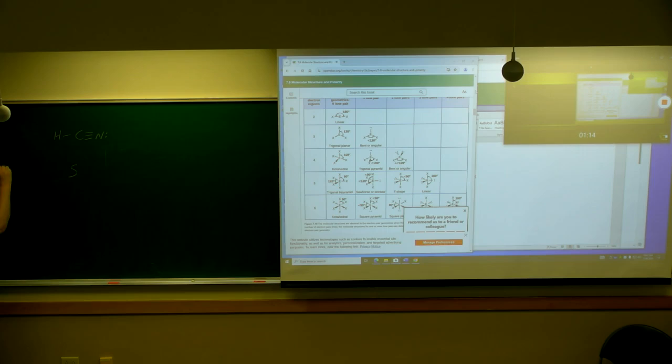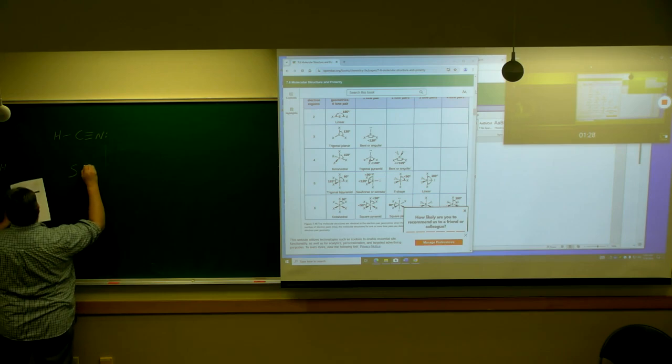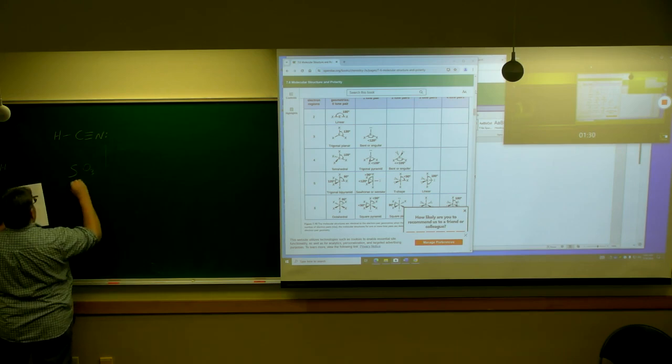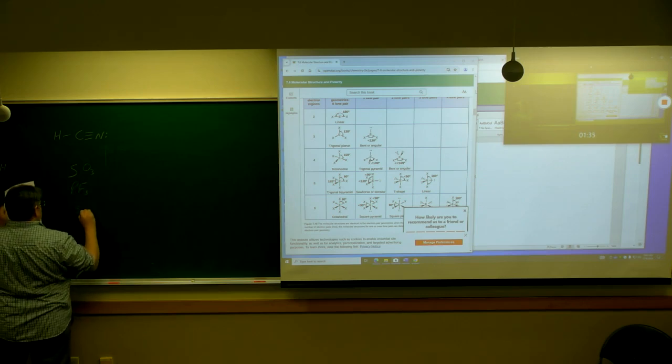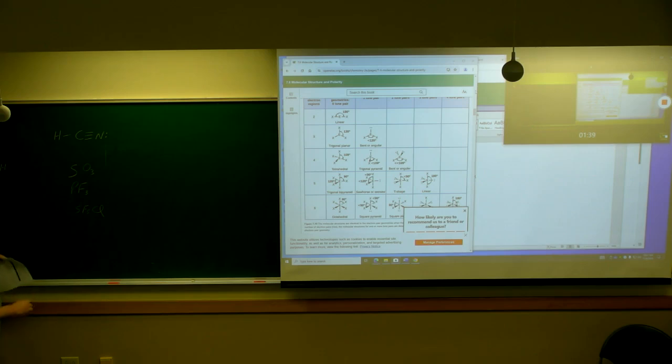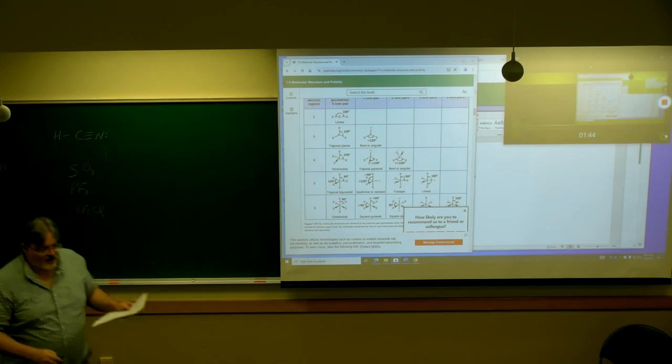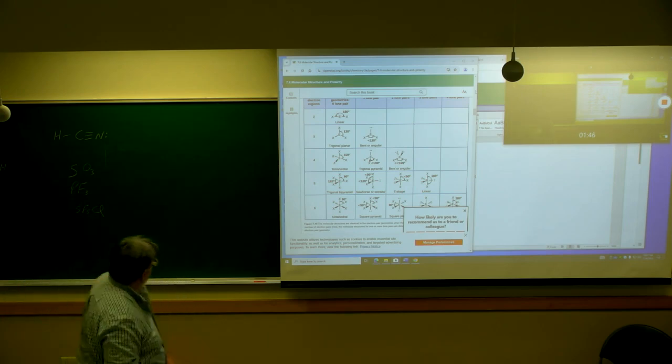SiH4 is... I'll come back to SO3 just to double check it. PF3. Write down those two, and we'll go through and build these just as a reminder on how to do Lewis structures.